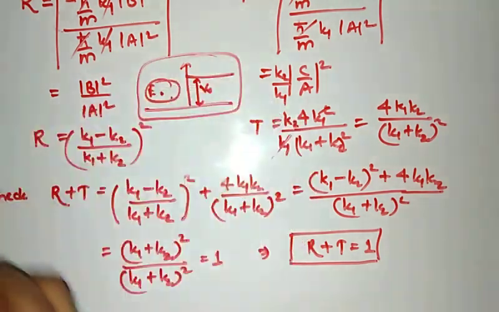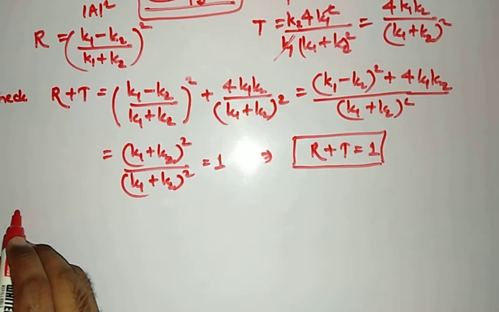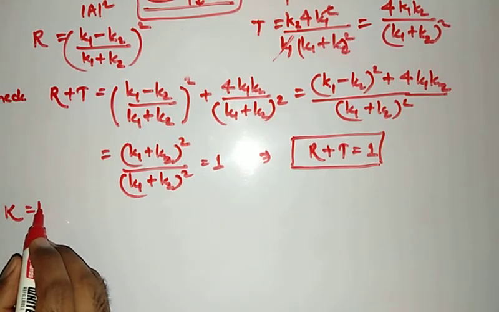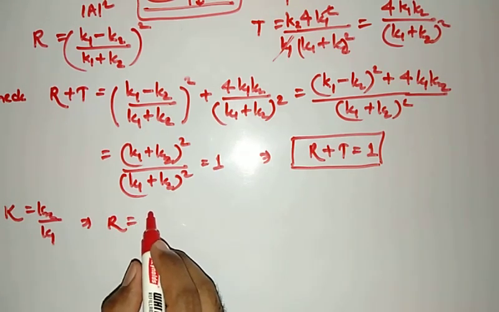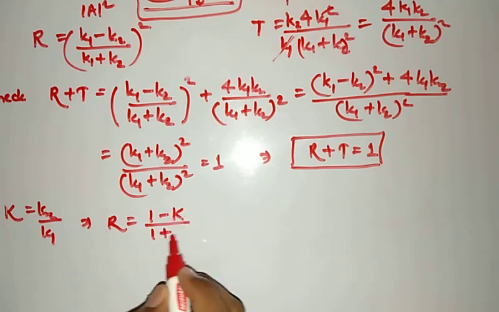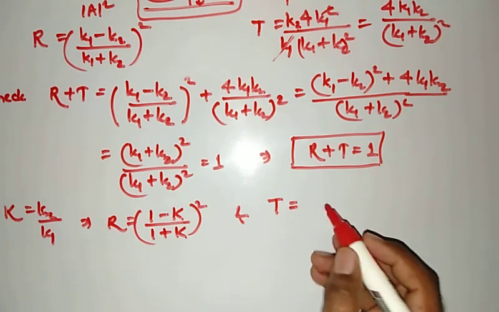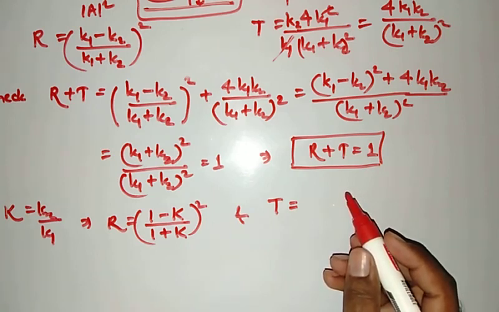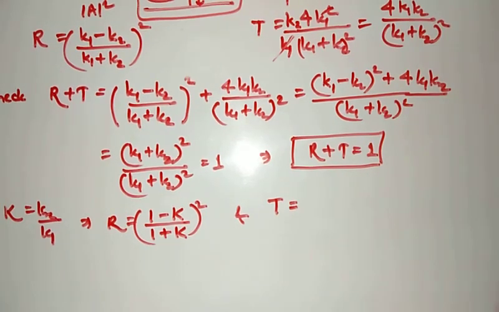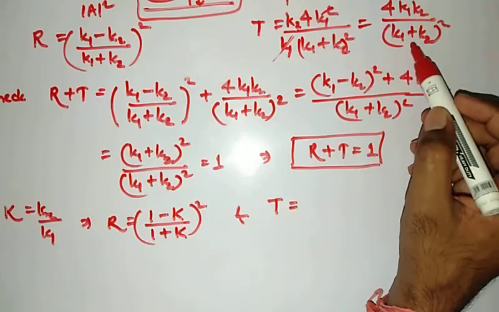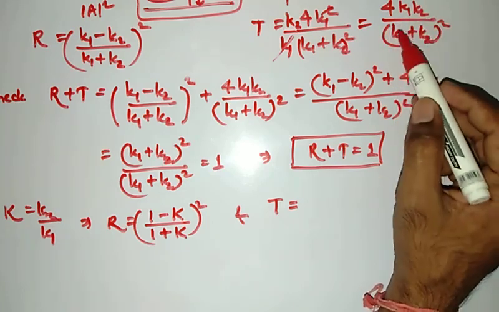Moreover, let capital K be k2 by k1. So R will be (1 minus K) upon (1 plus K) square, and T, after this, from here, is 1 plus k2 by k1 whole square, k1 cancels, that is k2 by k1 upon (1 plus k2 by k1) square.